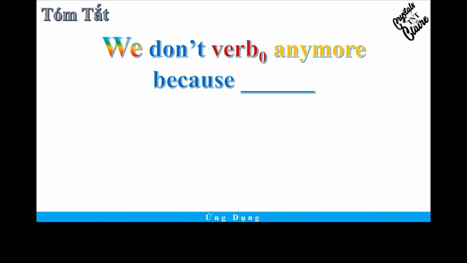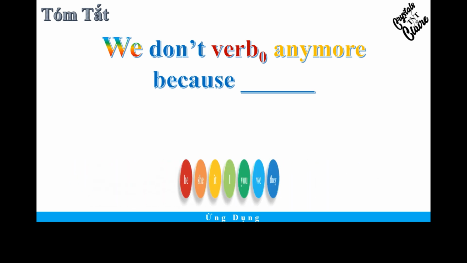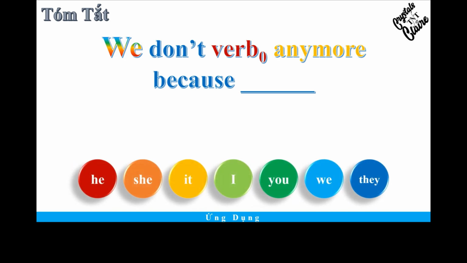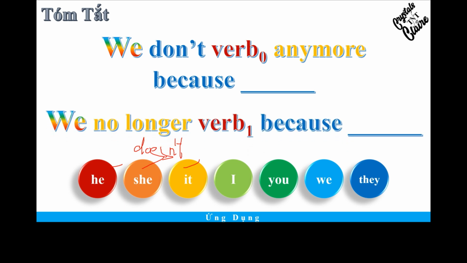Summarize. We don't use verb zero anymore because we can change it. If it's she, he, or it, it becomes doesn't. Or we use no longer with verb 1.